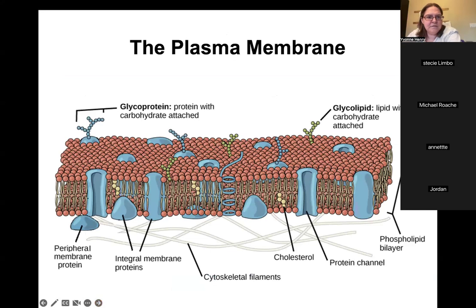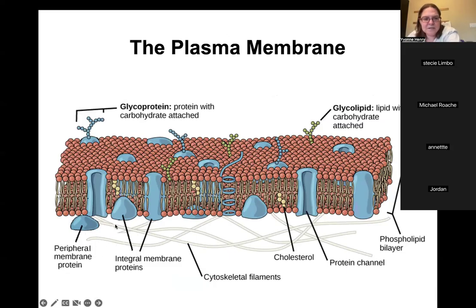So this is a very typical picture, called the fluid mosaic model of the plasma membrane. So here we have our little phospholipids, this little circle with 2 legs. That's a singular phospholipid. And they line up with their legs together. They're like touching feet because their feet are hydrophobic. They're afraid of water. They don't like the water.